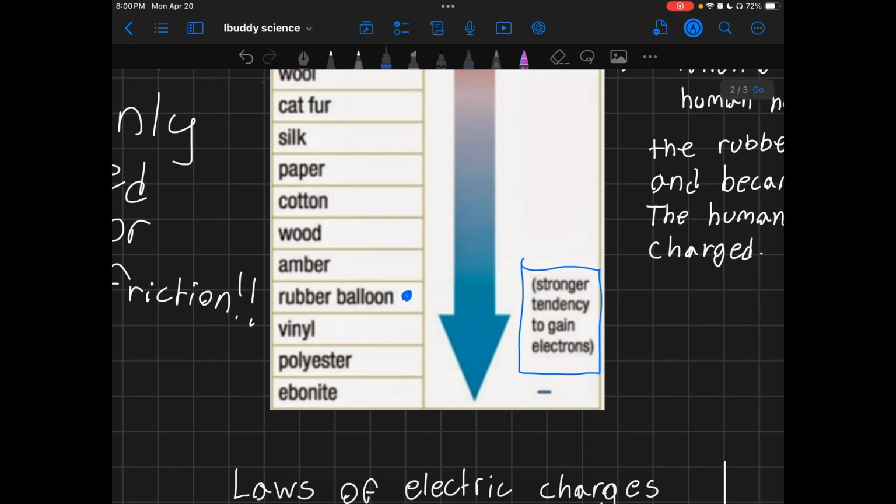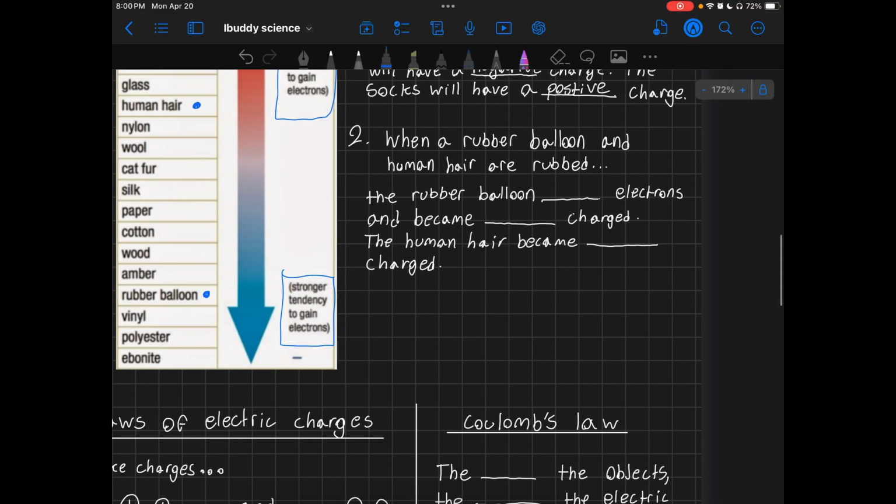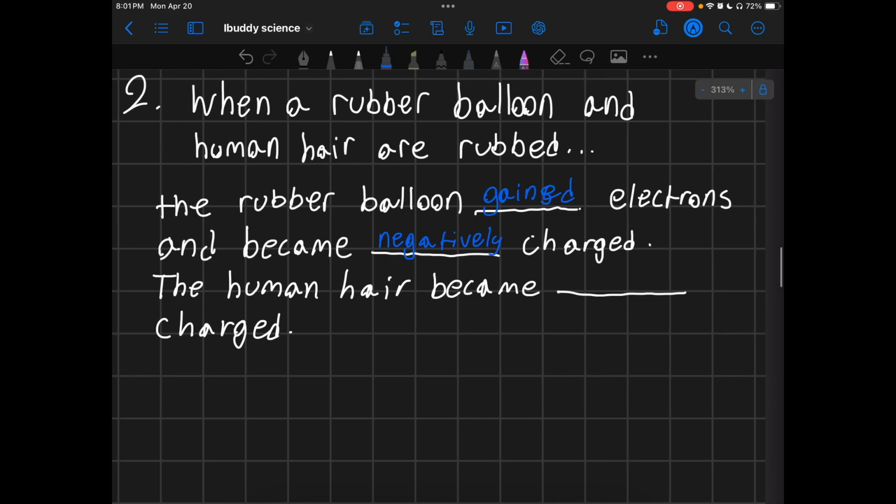Since the rubber balloon is lower, the rubber balloon will be gaining the electrons. So the rubber balloon gained electrons and became negatively charged, and the human hair became positively charged.